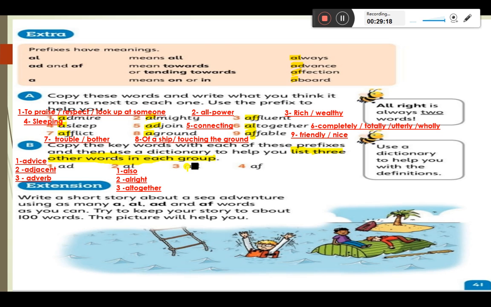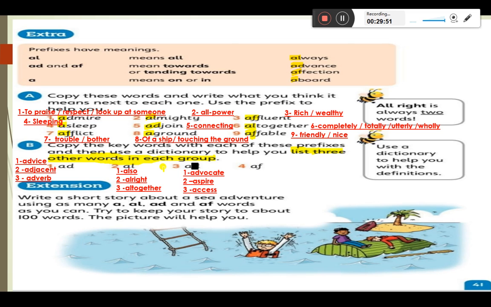Okay, so now let's go to the third one. A. It's supposed in your book to be add, but we have used add before, so we will cross the D and we are going to make it only the prefix a here. So we need 3 words with the a. I think that we studied before the word access, to enter, to access, to have an access. Okay, the access is the key maybe. So we have words like advocate, okay, to be on the side of something.